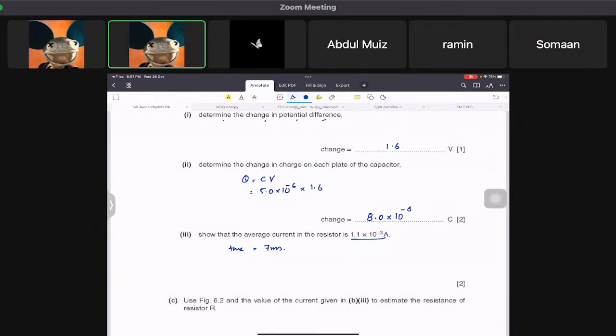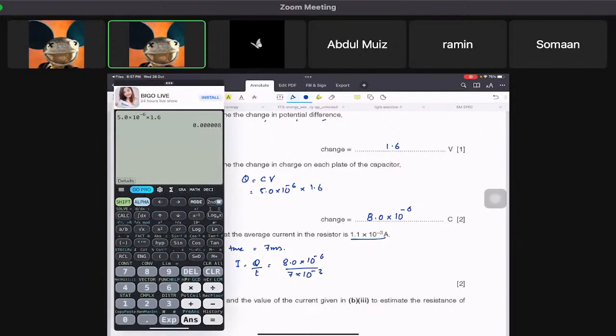So current is charge per unit time. So 8.0 times 10 raised to minus 6 divided by 7 times 10 raised to minus 3, and that's going to give me 0.0011, which is 1.1 times 10 raised to minus 3, shown, right?